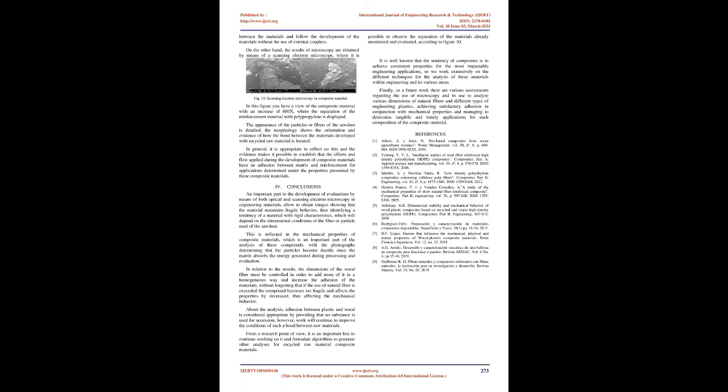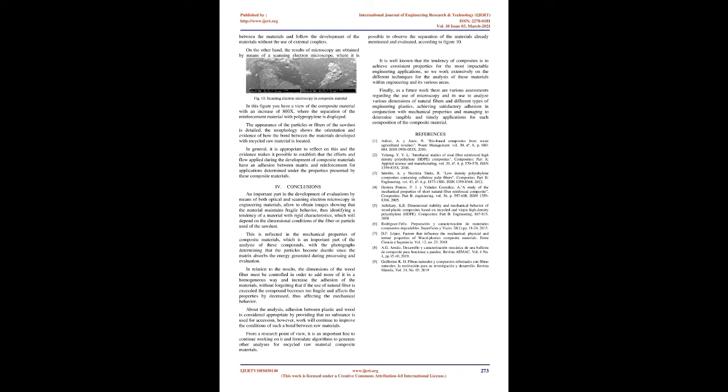Conclusions. An important part in the development of evaluations by means of both optical and scanning electron microscopy in engineering materials is that they allow us to obtain images showing that the material maintains fragile behavior, thus identifying a tendency of a material with rigid characteristics, which will depend on the dimensional conditions of the fiber or particle of sawdust used.